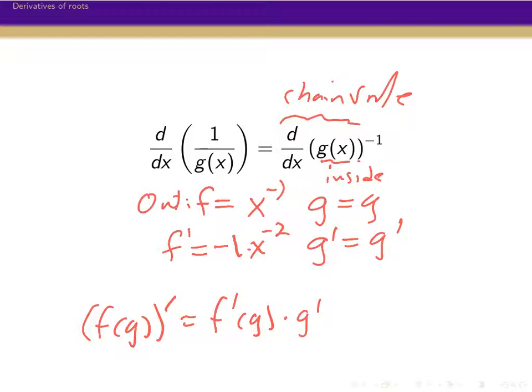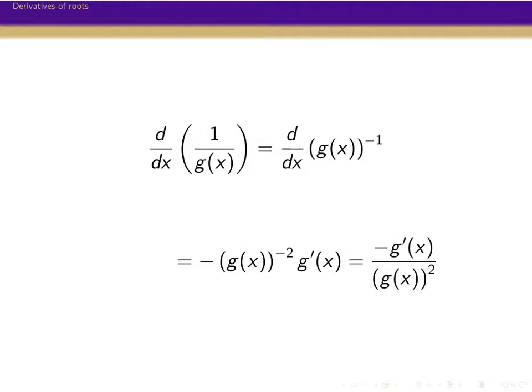So we're going to have minus g to the minus 2 power times g prime. And let's make that look nice. There it is: minus g prime times g of x to the minus 2.